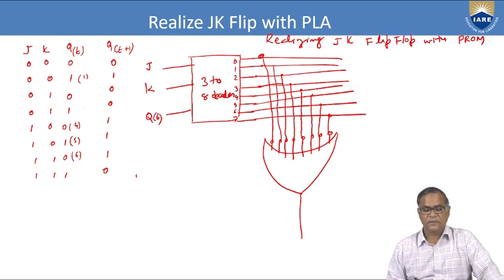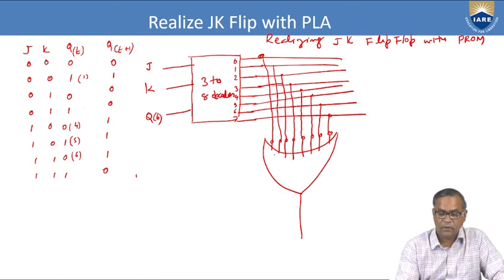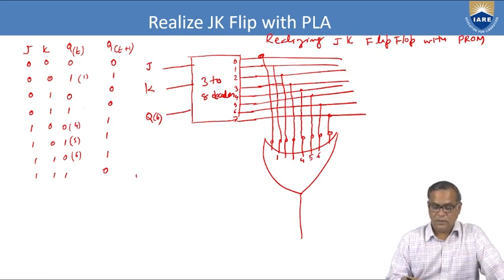I am going to use only this link, 0 I am not using, 1 I am using, 2, 3 I am not using, 4 link I am using, 5 I am using, and 6 I am using.